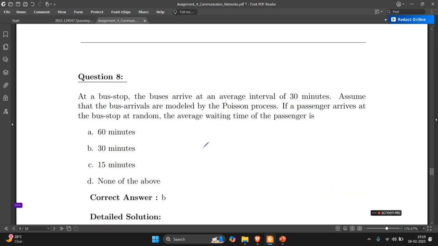So if the inter-arrival time is 30 minutes, at every 30 minutes the buses will arrive, and this inter-arrival time is distributed exponentially.